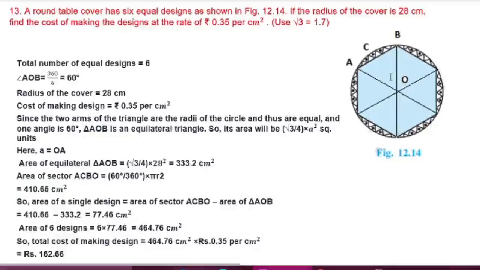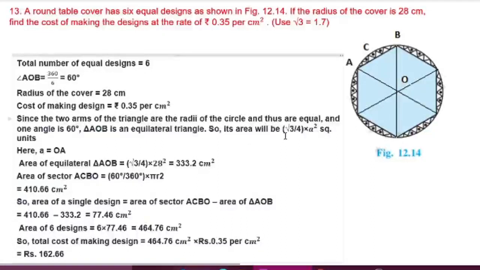For finding the area of an equilateral triangle, you can use the formula root 3 by 4 into a square, or side square. Since the 2 arms of the triangle are the radii of the circle and thus they are equal, and one angle is 60 degrees, therefore triangle AOB is an equilateral triangle.